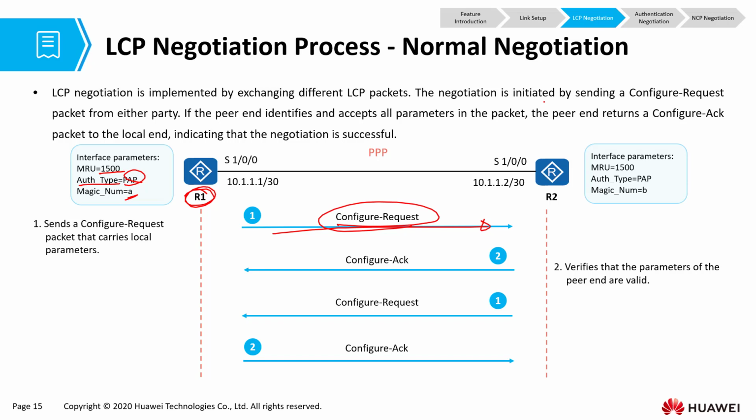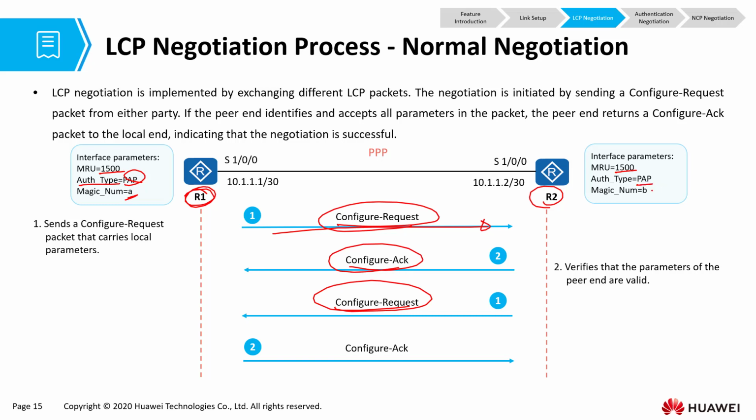And router 2 can identify and accept all the parameters in the packet. If it does, it's going to send a configure acknowledgement. I acknowledge everything you're saying is what I believe to be true, and so I acknowledge your request. Now, router 2 will also send its own configure request with its own interface parameters. Maximum receivable unit is 1,500.